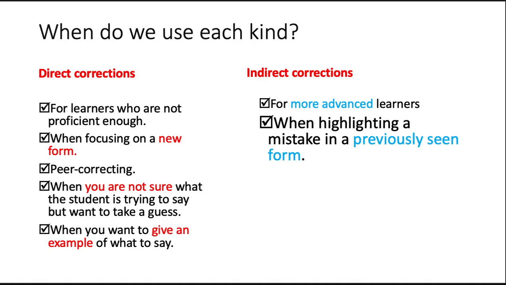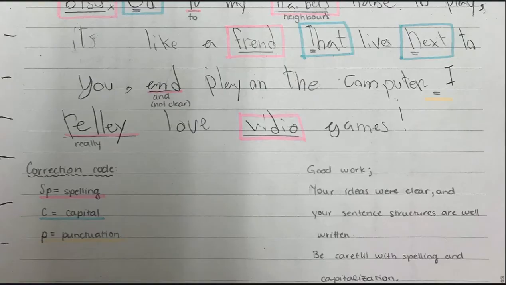So for example, going back to it's with an apostrophe or it's without an apostrophe, if you correct it directly the first time and explain the rule, if you see other examples of the same mistake, you can simply highlight it and the student will probably know what to do. The rule of thumb is, when in doubt, you should correct directly to avoid confusion and mistakes.